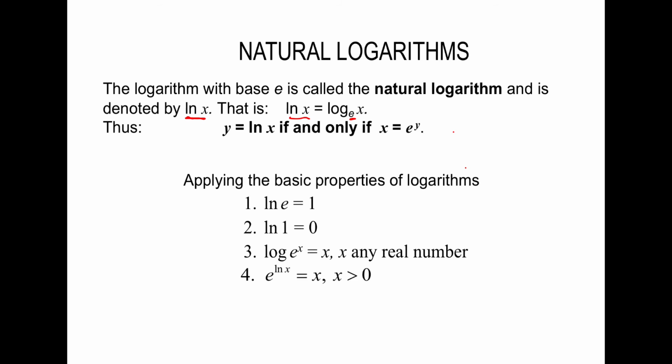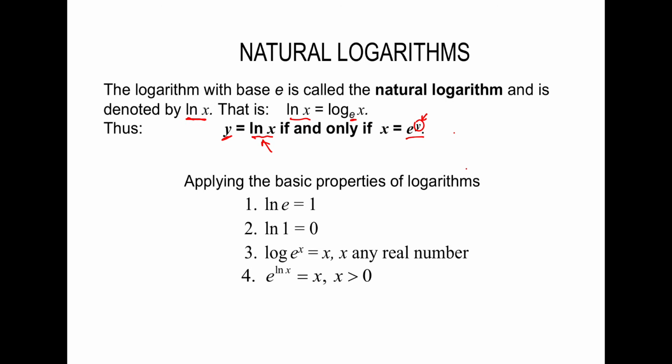And in fact, ln of x and e to the x, on your calculator at least, are opposites. But again, the outcome of my natural log is the exponent with a base e, the same base that we have over here. So, same things here.